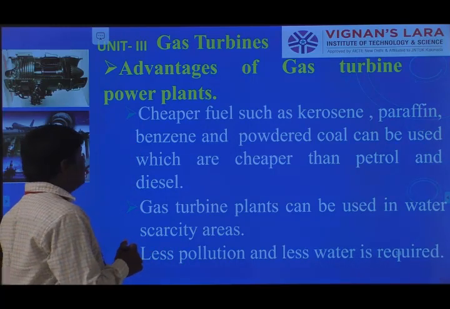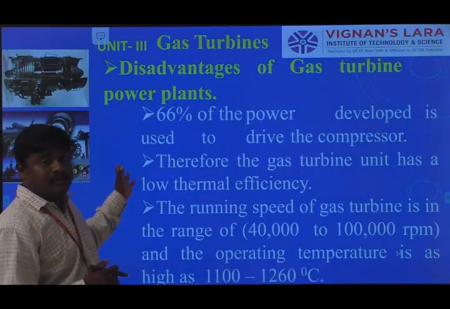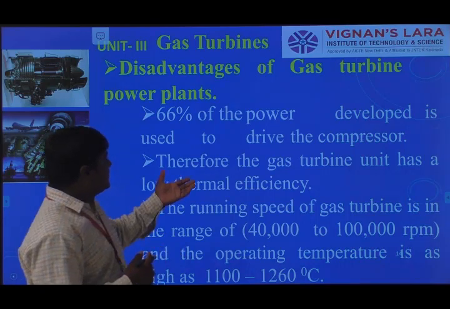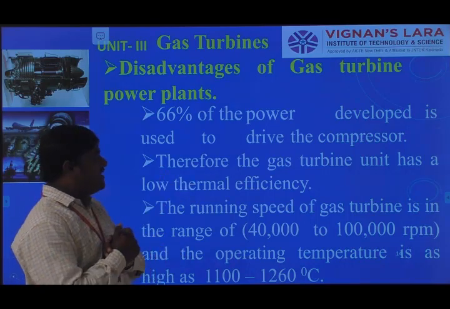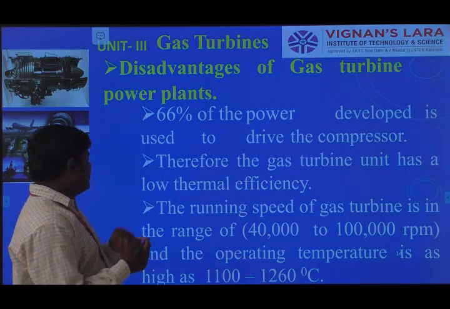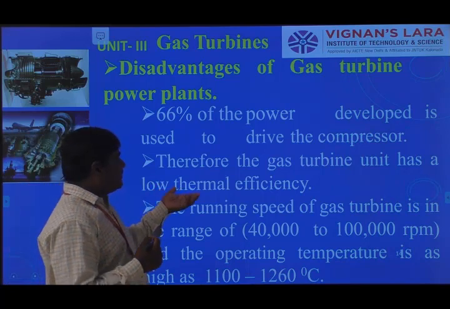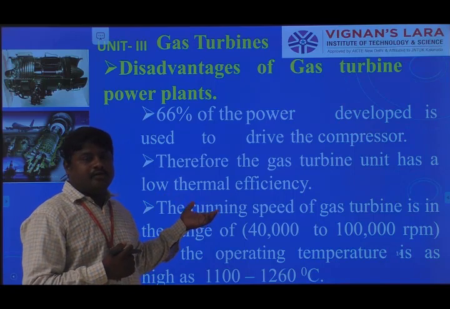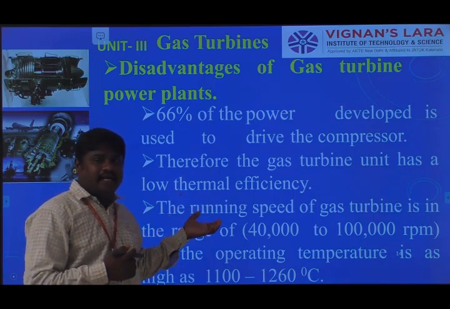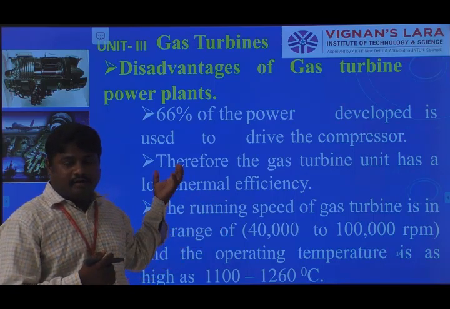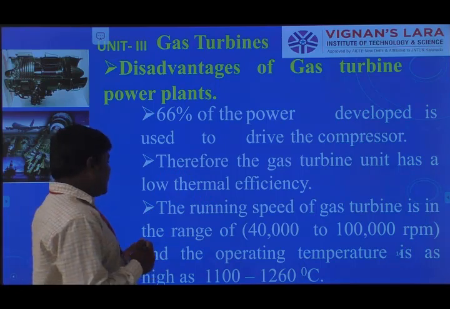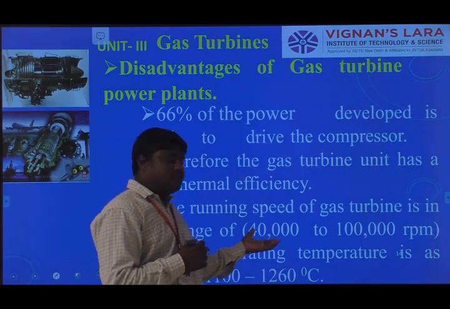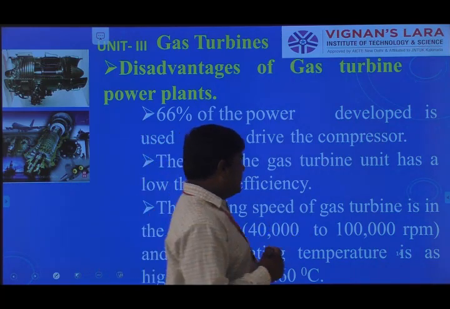These are some of the disadvantages of gas turbine power plants. 60% of the power developed is used to drive the compressor, so the gas turbine unit has a low thermal efficiency. The running speed of a gas turbine is in the range of 40,000 to 1 lakh RPM.